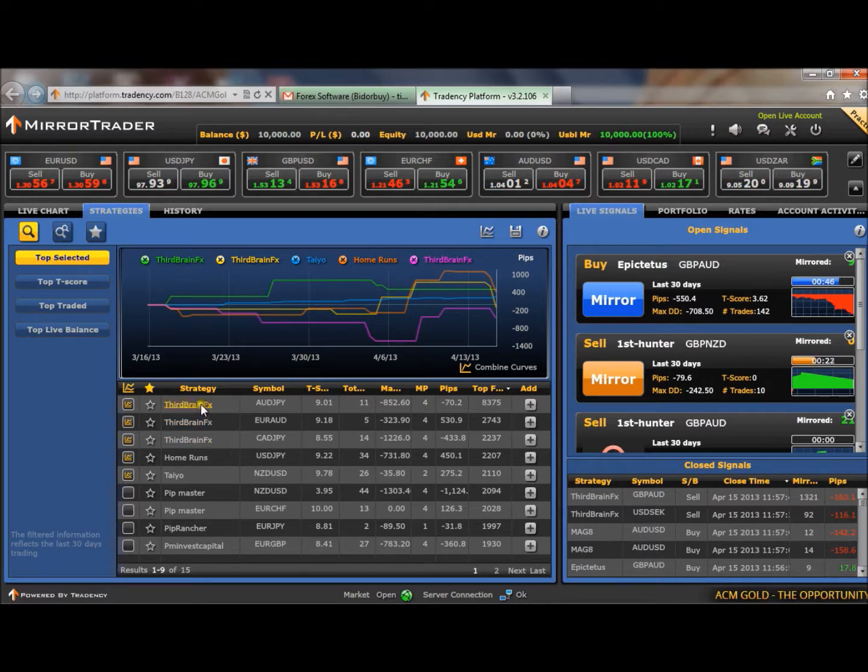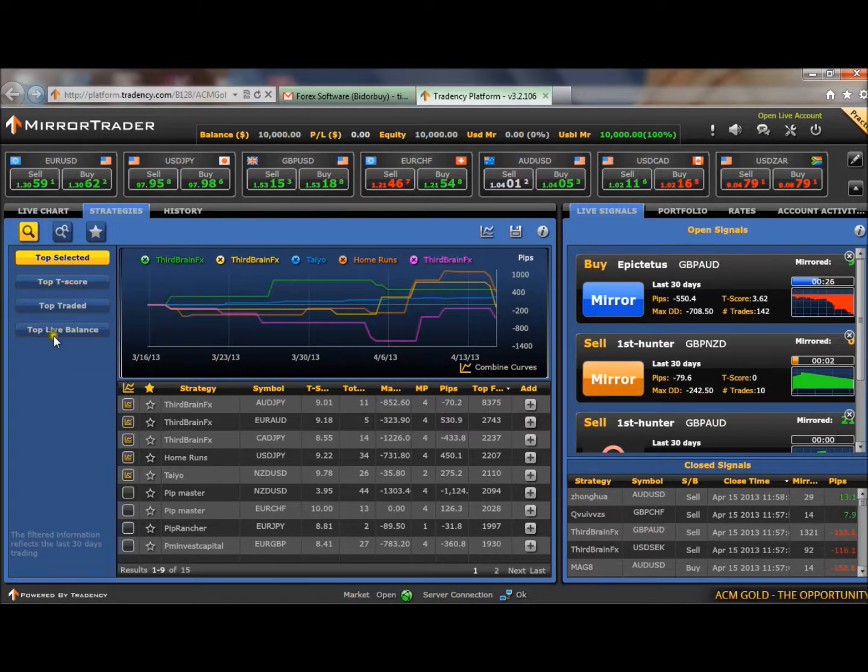So let's take the top one. You'll see it's Third Brain FX and it is for the Australian dollar yen, and on the right hand side you can see there are 8,375 people following this guy on this currency pair. You'll see on the top left that the filter we're using at the moment is top selected.